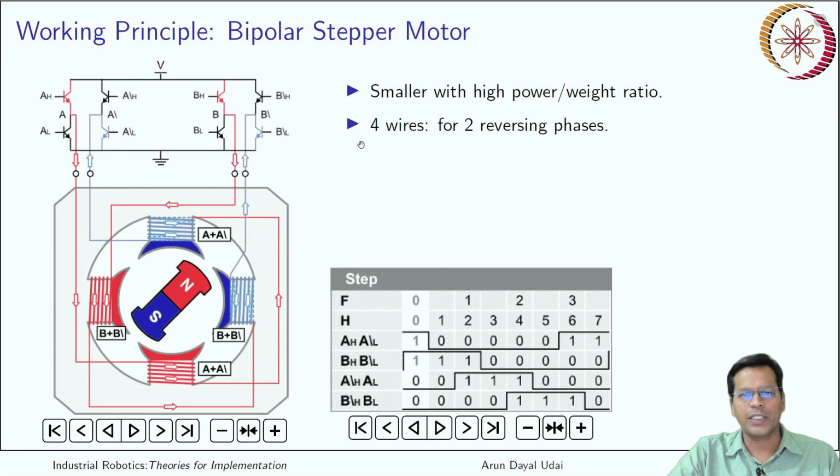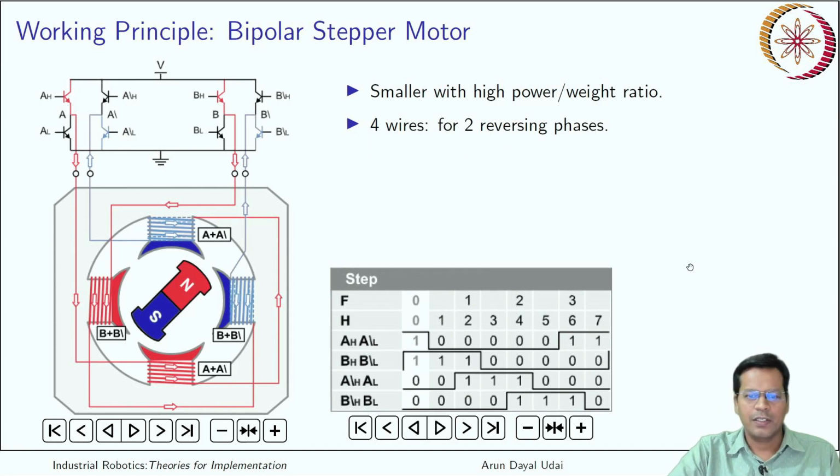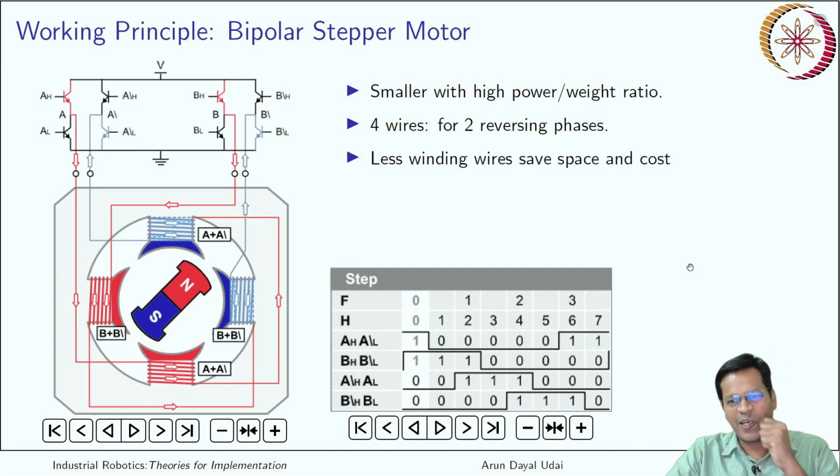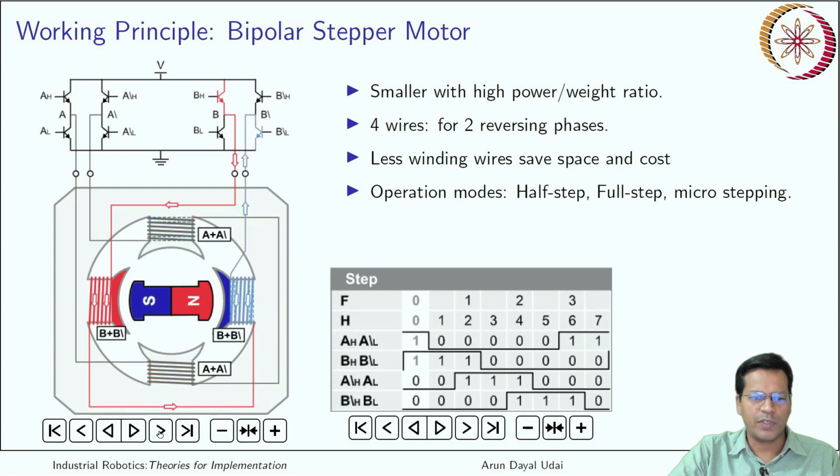This motor has just 4 wires and 2 reversal phases, and less winding, so it saves space and cost. It can also run in half step, full step, or micro stepping. So you can just leave the single pole steps. This one you skip, you directly make it high.